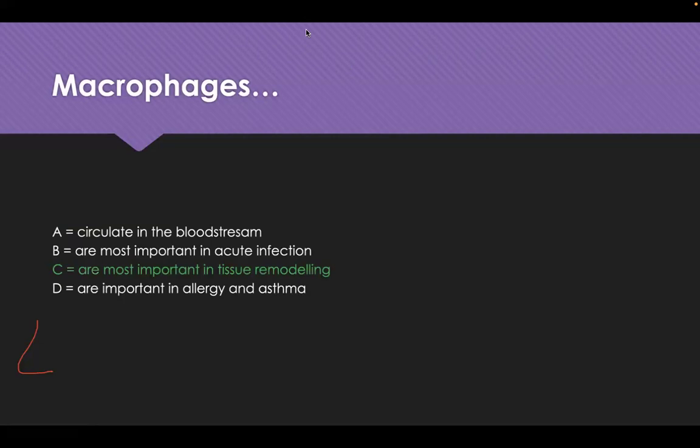So C, most important in tissue remodeling.